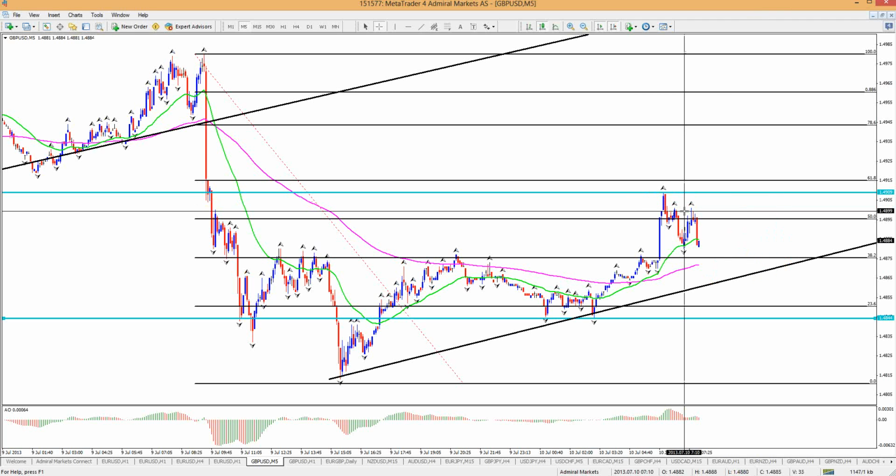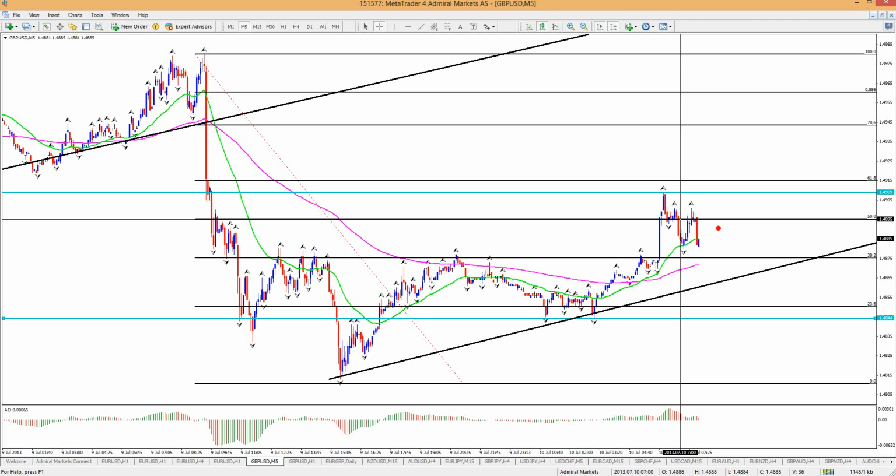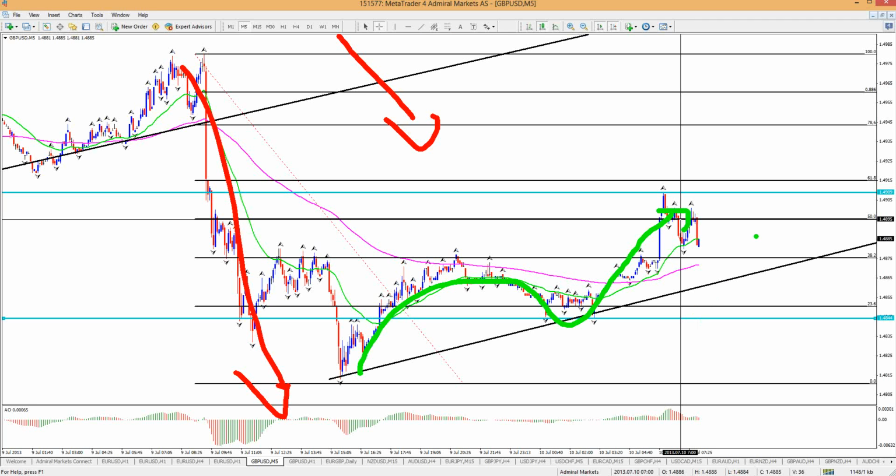All right, so let's keep an eye on this. In any case, as you noticed, in general, I am looking for a short on the pound dollar just because we're in a downtrend, and recently we made a downfall, and this is still just a correction. Unless something wacky happens and there's a huge impulse flying up here from this trend line, and we break this trend line, then I won't be looking for a short, of course.